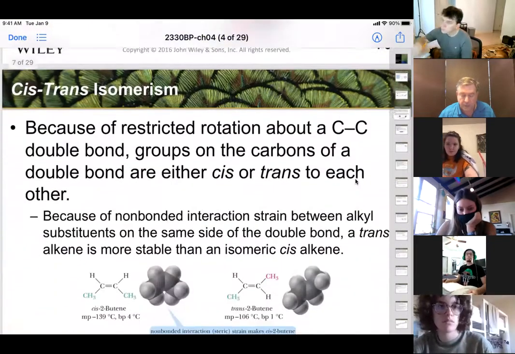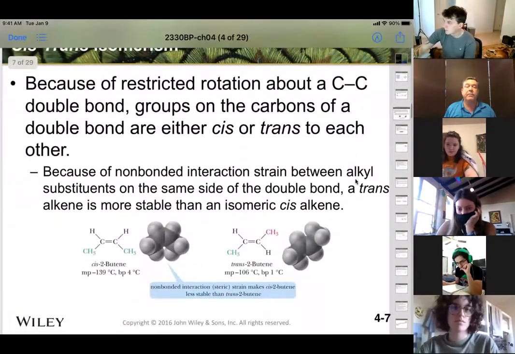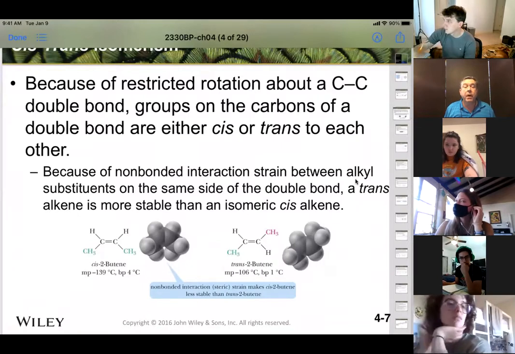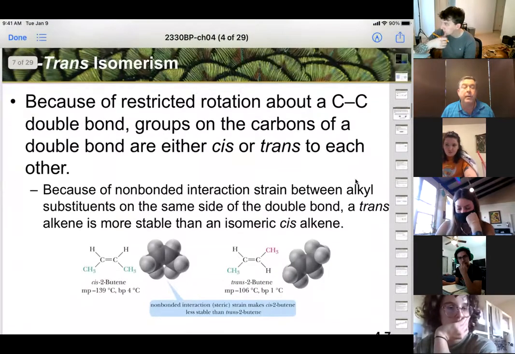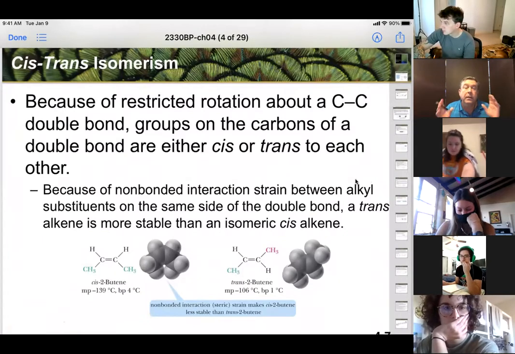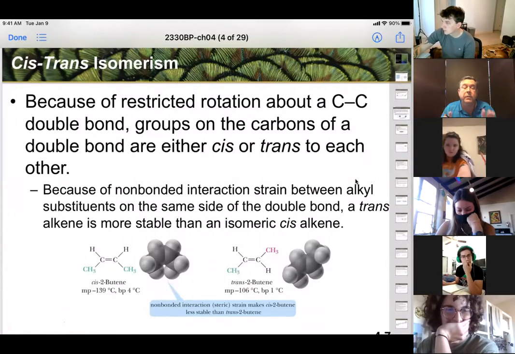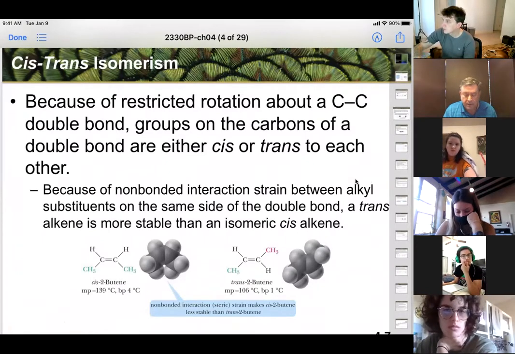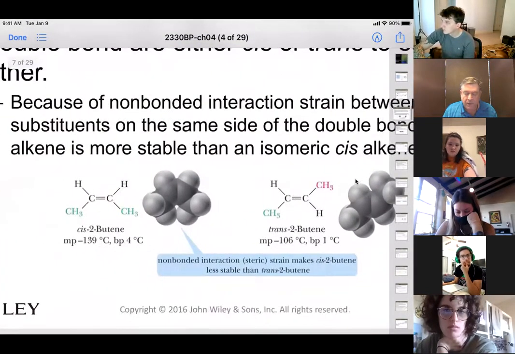Okay. So because we don't have that rotation, we have different possible isomers. And this is what we call our first stereoisomer. Stereo does not mean something that you play records on. Stereo means it is fixed in space, so there's a spatial difference between the 2 compounds. Let's take a look at how these 2 compounds are a little different.